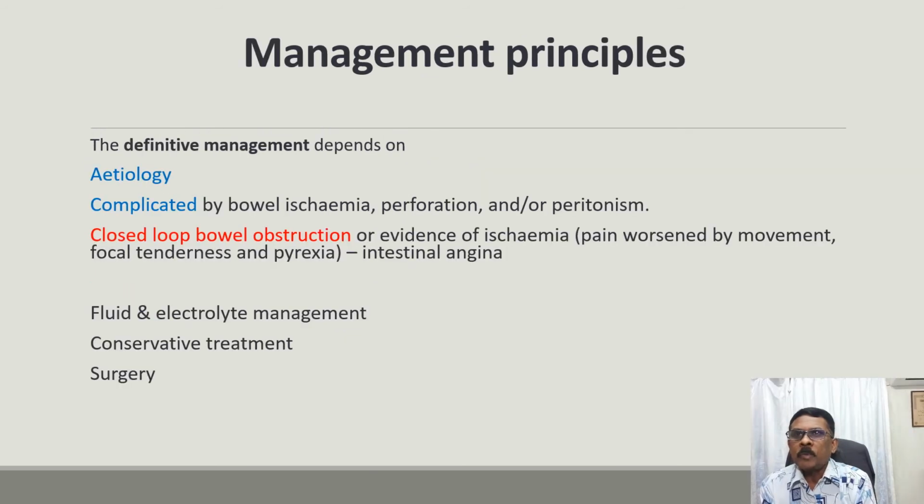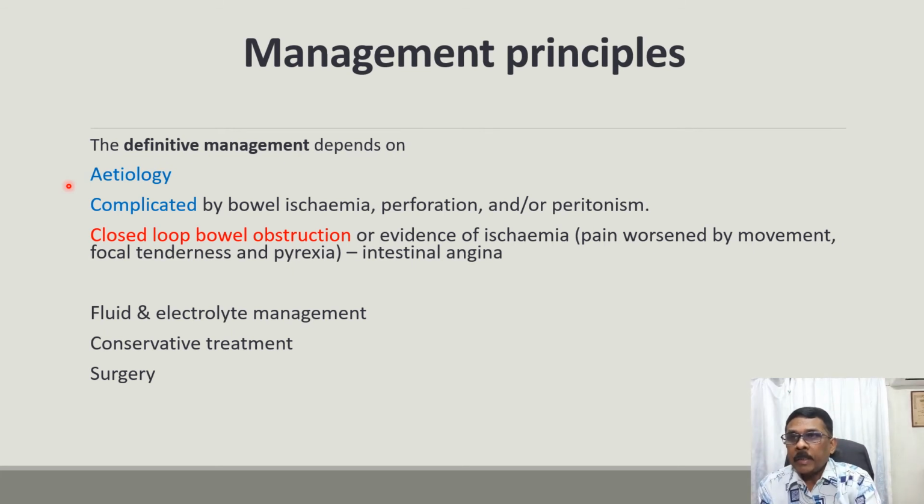Now we come to the management. First, we'll look at the principles in the management of intestinal obstruction. First of all, the definitive management depends on the etiology. That's very clear. So we have to look for the etiology, determine the cause and treat the cause.